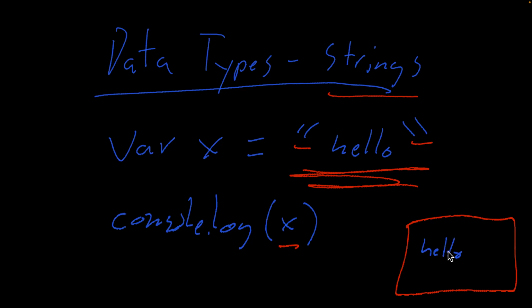Let's take a pause now and type in the chat how well we understand that there are different types of data. So far we've covered two: numbers and strings. Numbers are numbers that we know as numbers, 1 through infinity or negative infinity, however many numbers exist.